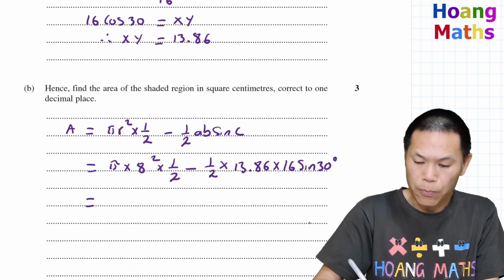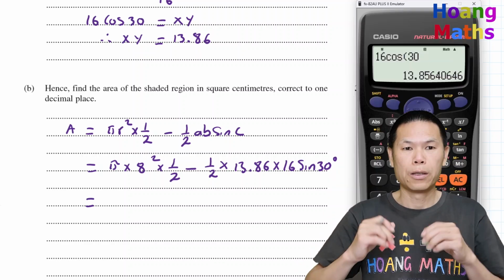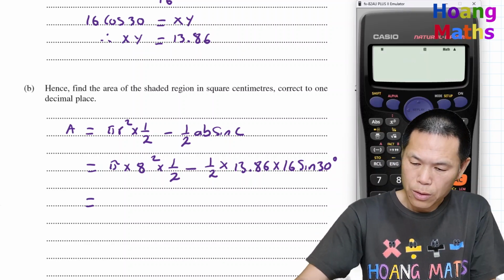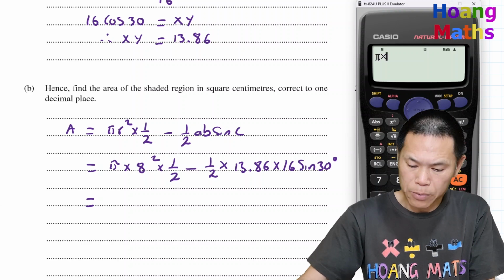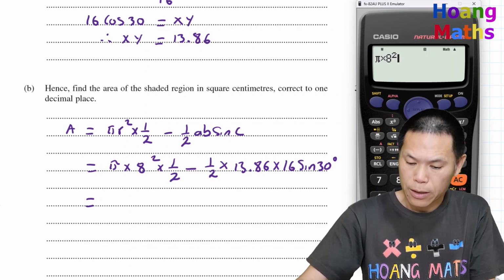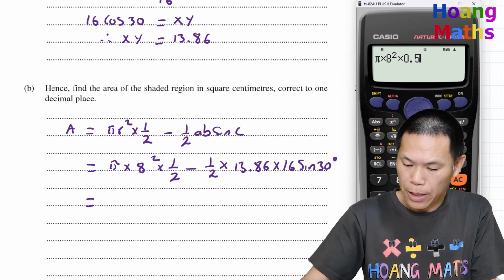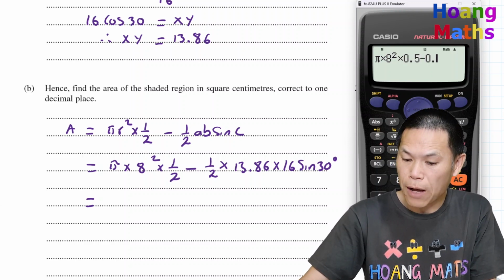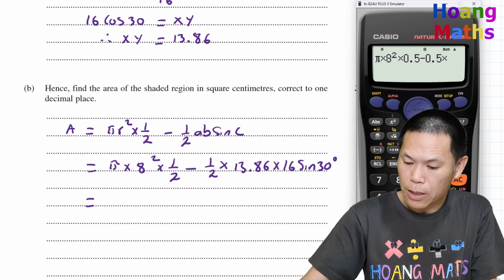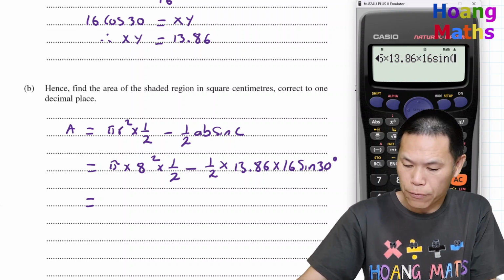So I just put it in the calculator. I go shift pi times 8 squared, and then we multiply by a half, or 0.5, and then we minus 0.5 times 13.86 times 16 times sine of 30.